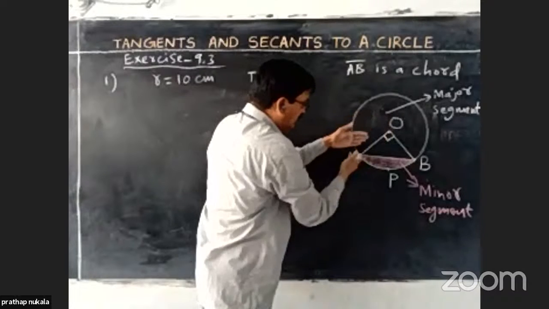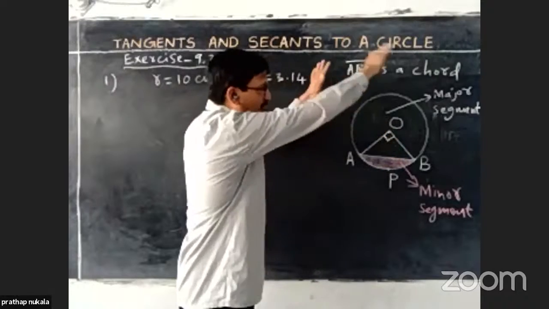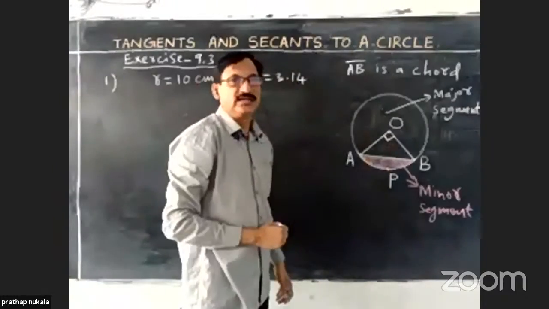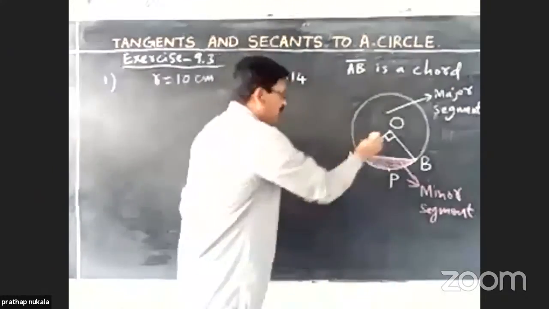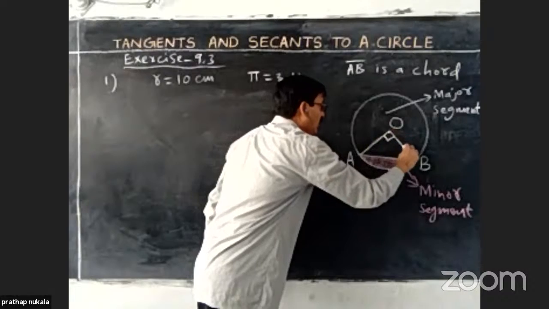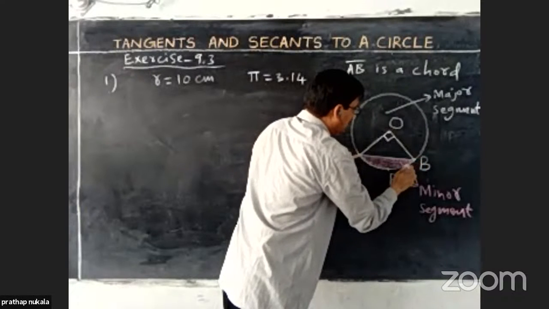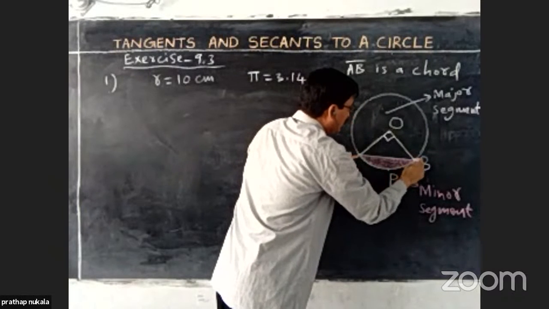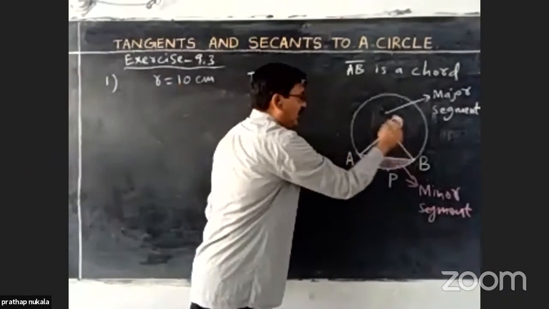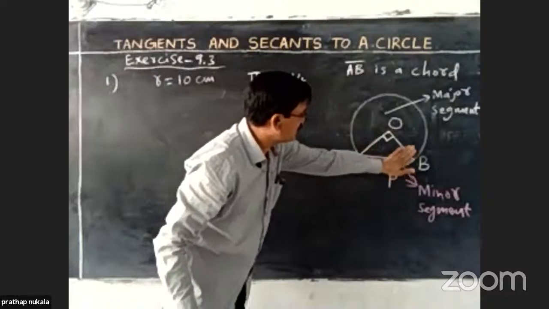It is one part of the circle with center O, with two radii and one arc length. This is known as a sector. OAPB is a sector. We have to find the area of the total sector.